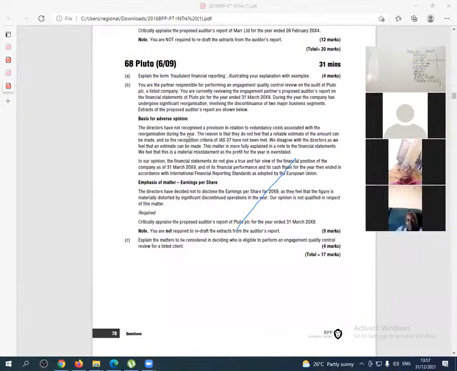One thing that I can tell you, if I give you a high level for you to understand, you see, you can't come and tell us that they have not recognized a provision.